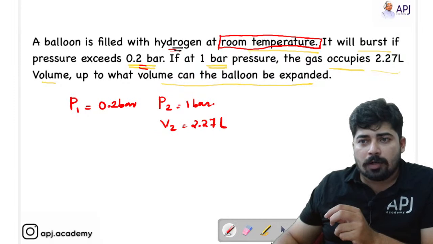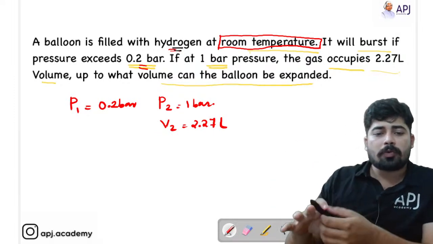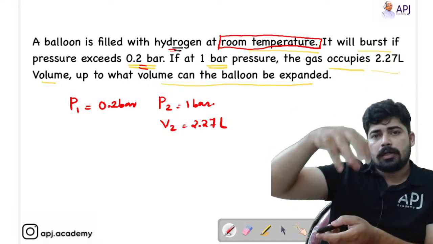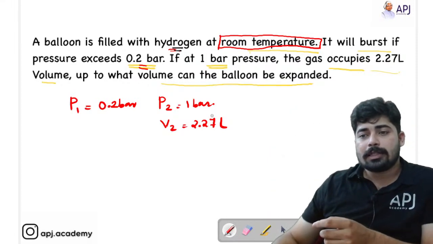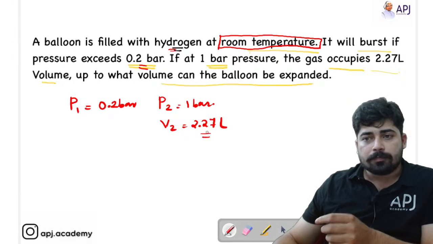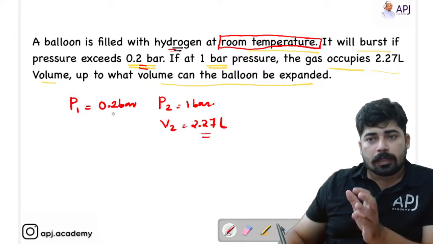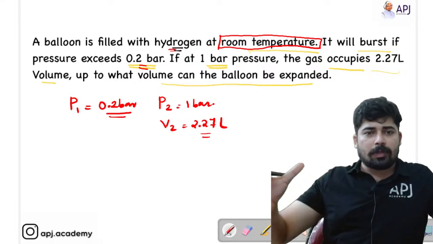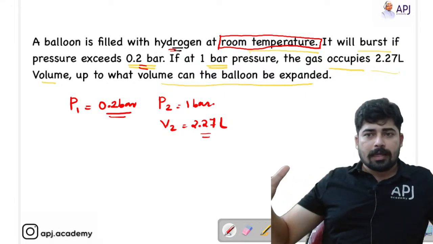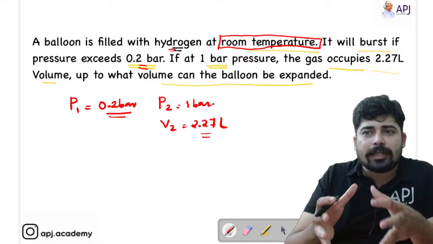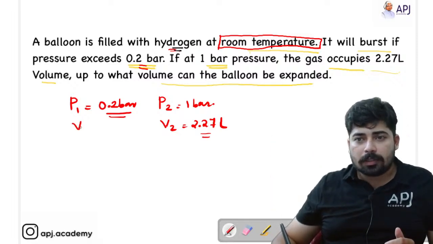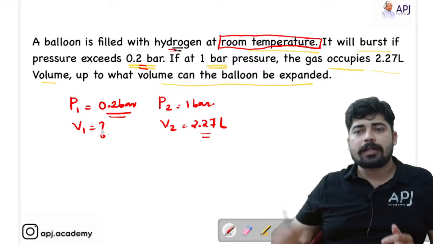So that is the volume of the gas occupied in the balloon, it is equal to 2.27 liters. So they are asking, if I am reducing the pressure, the volume of the balloon increases. That means at what volume the balloon will burst. That means we have to find out V1.